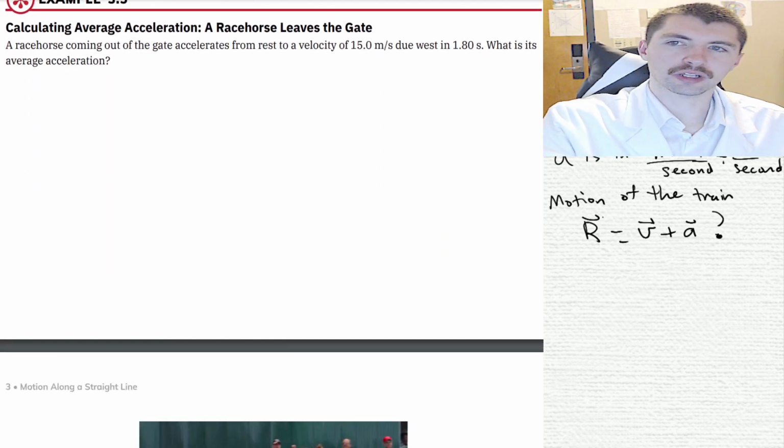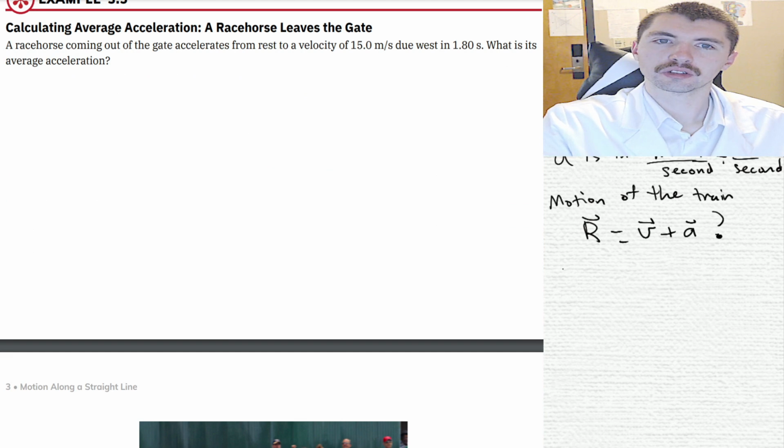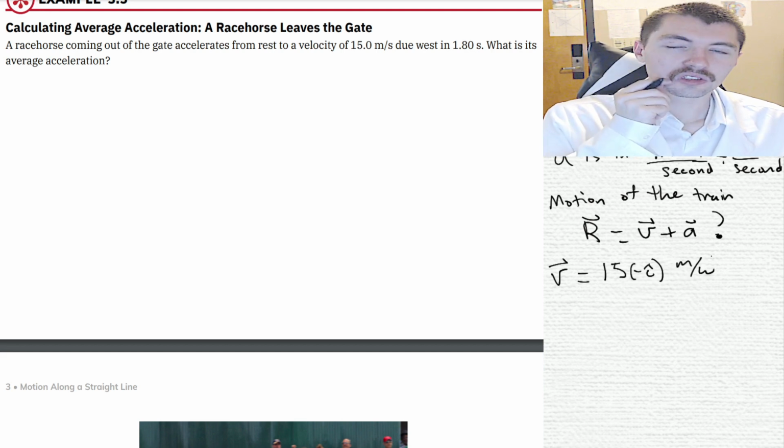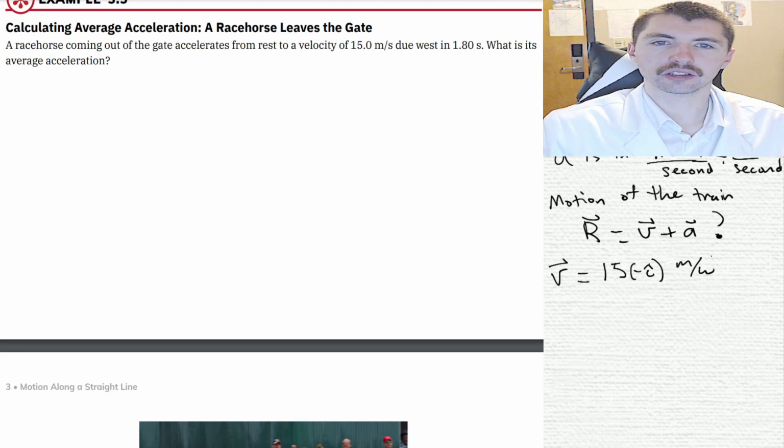Okay, so we have a racehorse that has a velocity equals 15 meters a second.